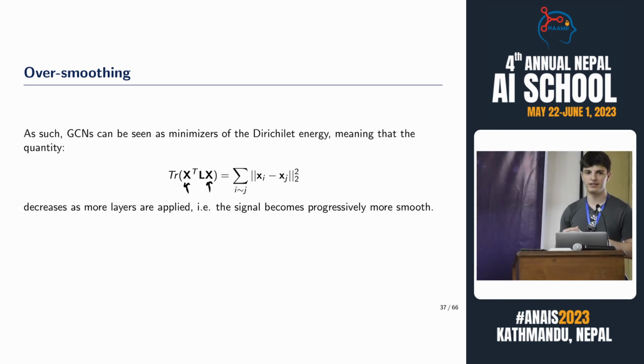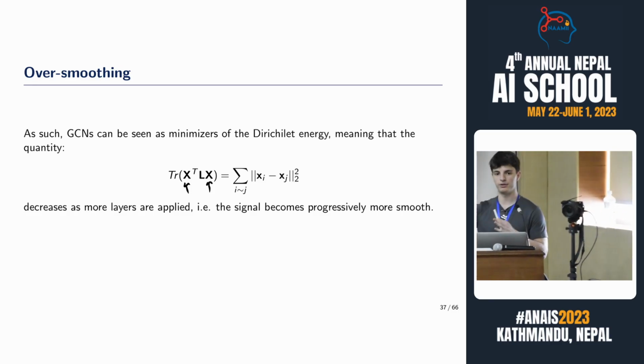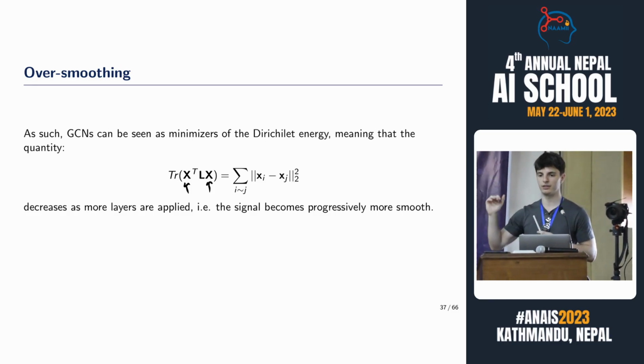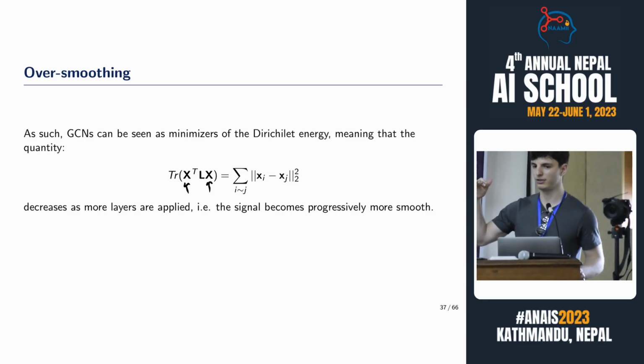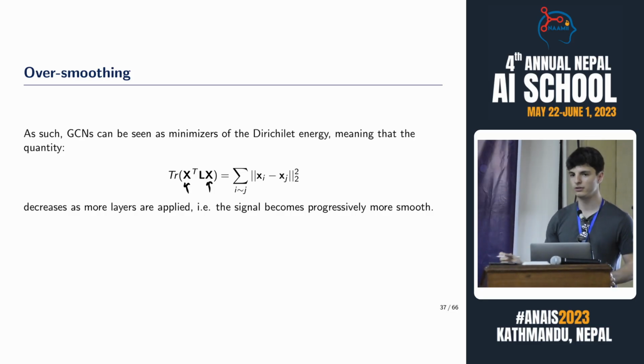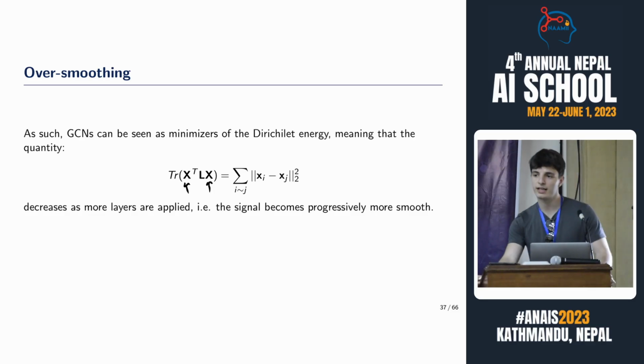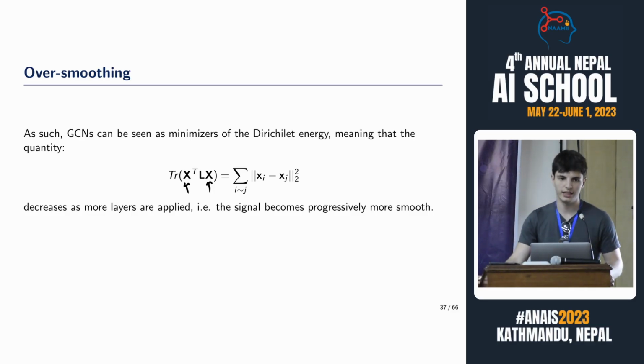Does anyone have an idea of why this is a problem? So maybe the intuition here is that this Dirichlet energy tells you how smooth your signal is. So why is it bad if a signal is very smooth? If you have a very deep graph convolutional network, you're getting very smooth signals.